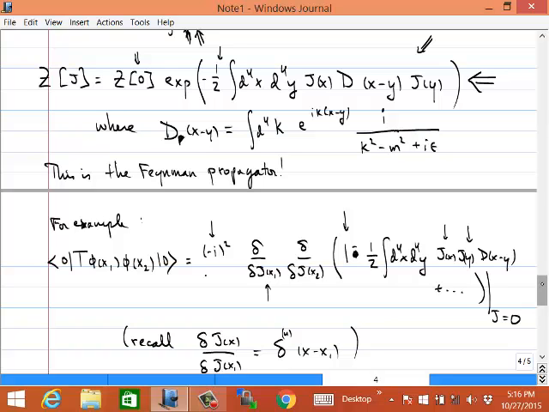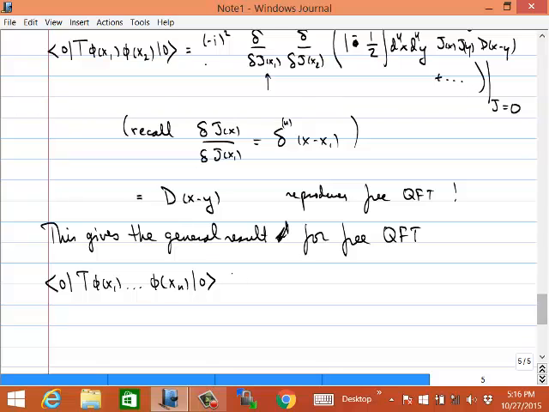And if you stare at it for a minute, you can hopefully convince yourself. And I suppose there's a little argument that goes here, which I'll leave to you as an exercise if you're interested. But hopefully you can see that it's morally true from this formula, that what you get is a sum of a bunch of products of free propagators. And you have to sum over all the different ways that these propagators can be matched up together.